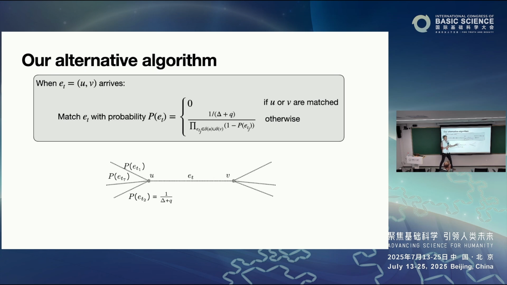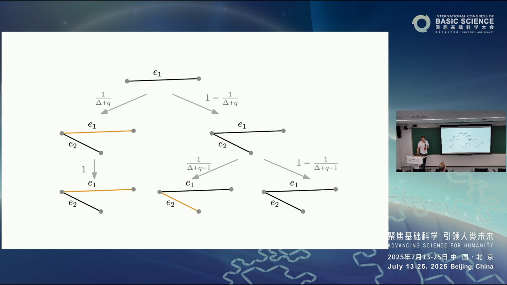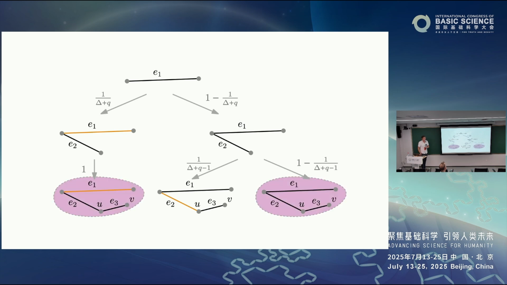That's easy to calculate: we just keep the probabilities that we selected the edges, and we scale up the probability we take e_t by the scale-up factor caused by the edges incident to the endpoints of e_t. Of course, we still have a problem to deal with. Let me just give an intuition for the difference between these two approaches. When e_3 arrives, what probability should we pick e_3?